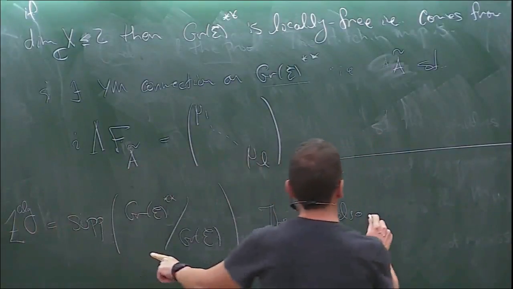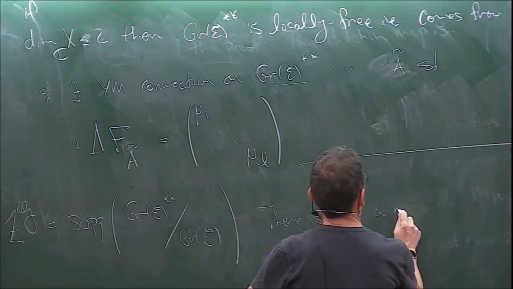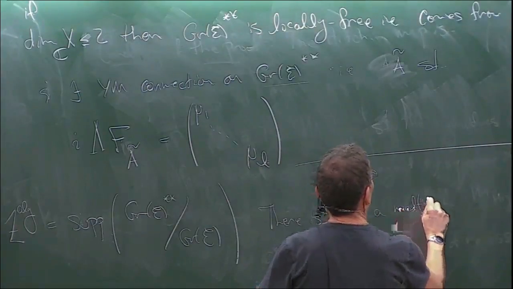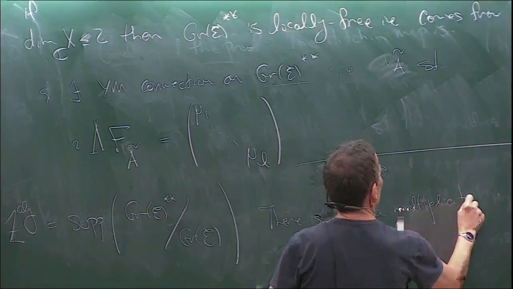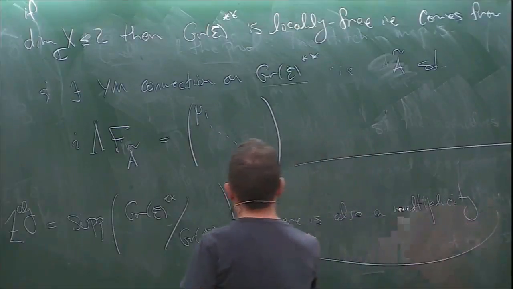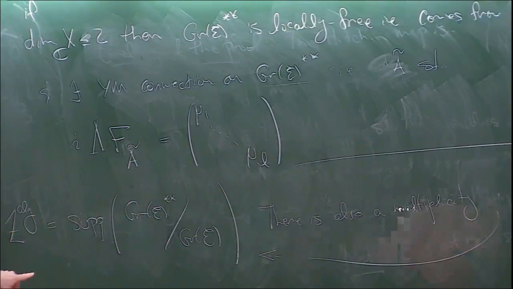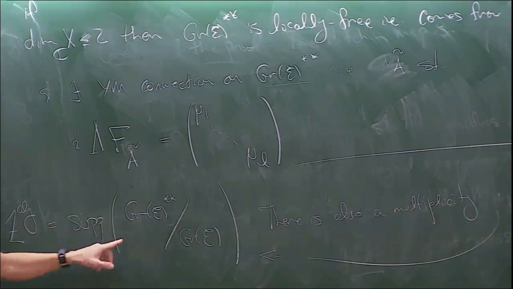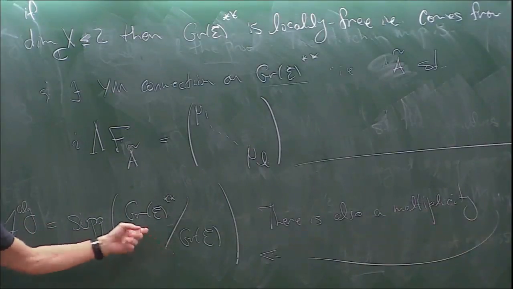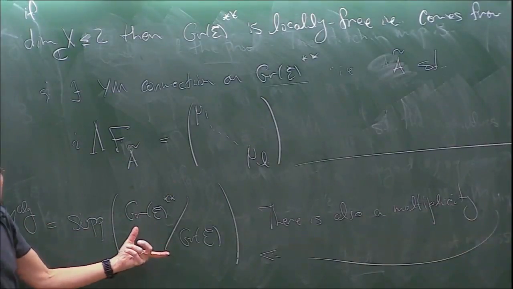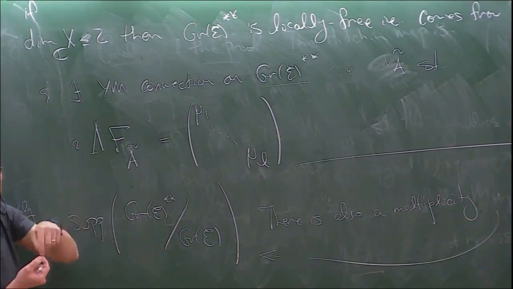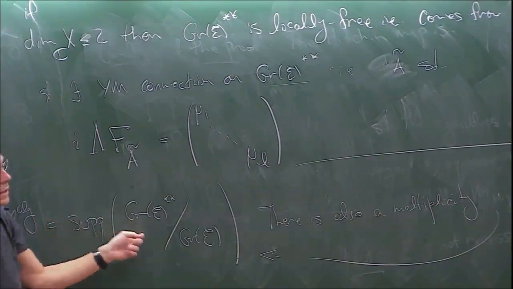So there's also a multiplicity here. Maybe I won't go into details, but you can see this is manifestly a torsion sheaf, a skyscraper sheaf at points, and over each of those points I've got a vector space, and that vector space has some dimension, and that's the algebraic multiplicity.